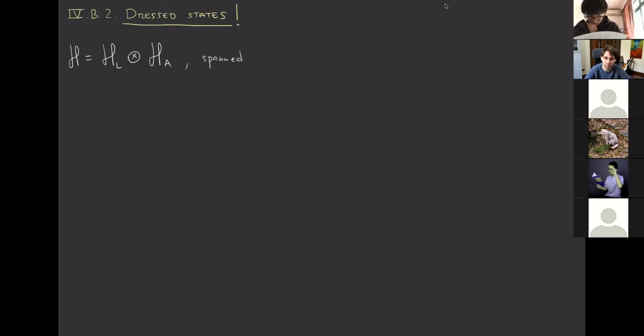And of course, as we have discussed before, either in the exercises or at the beginning of the course, this Hilbert space can be spanned by a basis that in this case will contain the following type of states. You can have n excitations in the optical mode and the atom in the ground state.